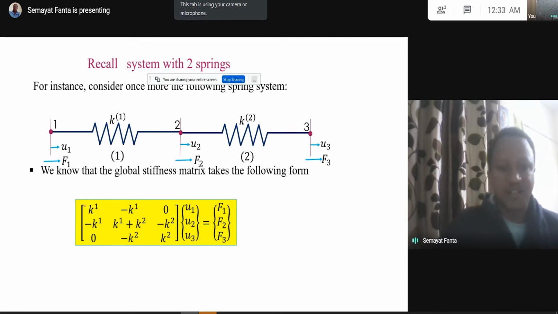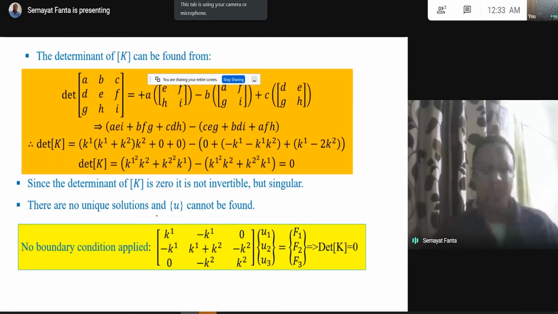The first entry is for the first link, that is for element 1, and this part is for the second link, for element 2. This numbering represents the element numbers, and this is the node numbers.